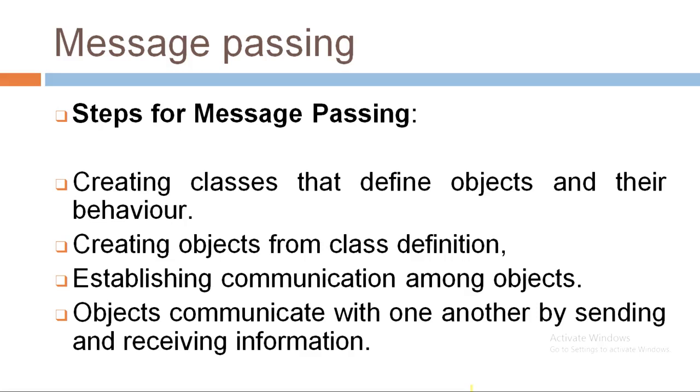The steps for message passing are: first, create a class that defines the objects and their behavior. The second step is to create the objects from the class. The third step is to establish communication among objects. And the fourth is that objects communicate with one another by sending and receiving information.